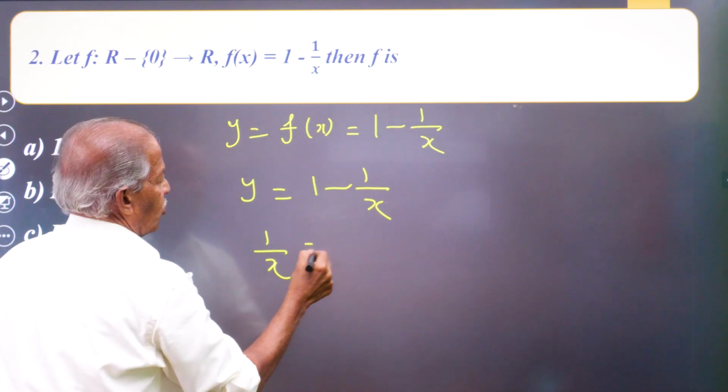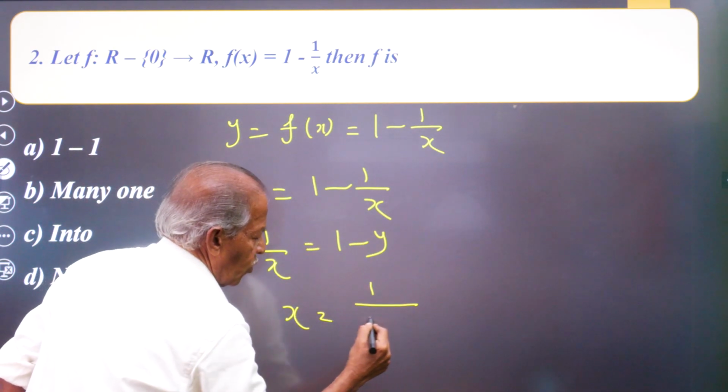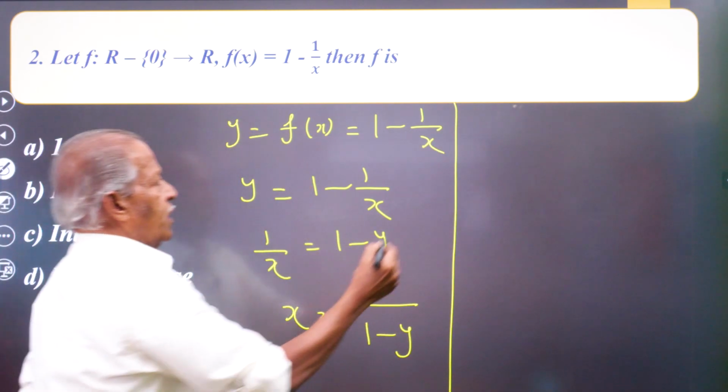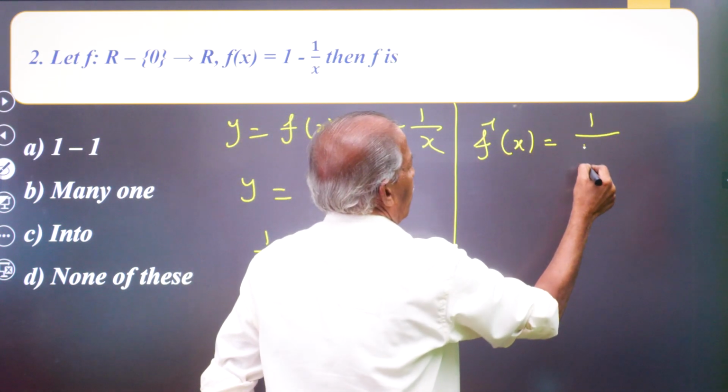Therefore, 1 by x equal to 1 minus y. Inverted it, x equal to 1 by 1 minus y, which is equal to f inverse of x. f inverse of x equal to 1 by 1 minus x.